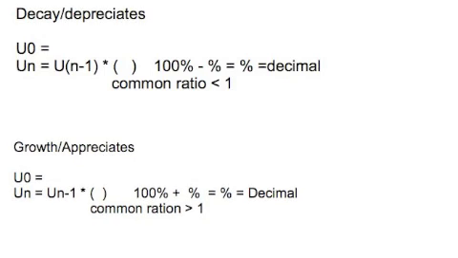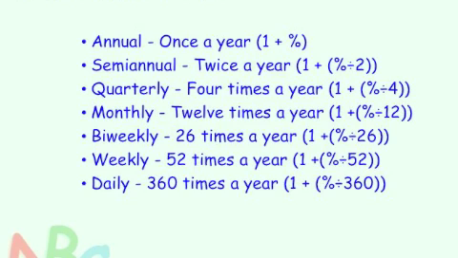All right. So these are the two main objectives for lesson 1.2. Another thing that I would like you to write down, we don't need to know this yet, but here are some common terms that are used in finance. If you're looking at an annual interest, that's compounding once a year, and so the interest rate doesn't have to be divided by anything. If it's semi-annual, that means that it's compounded twice a year.